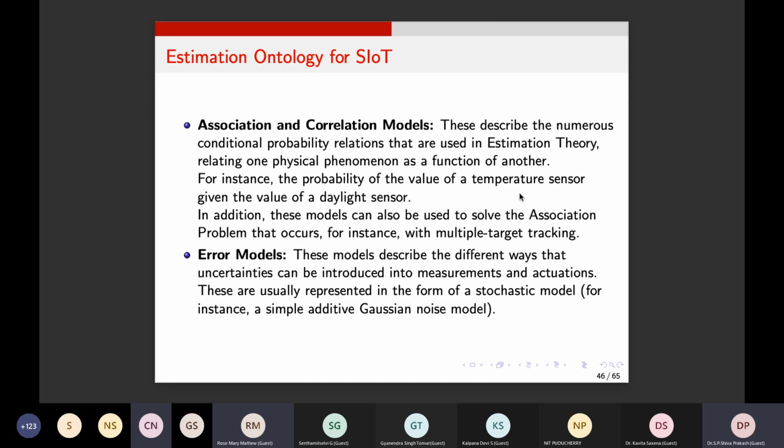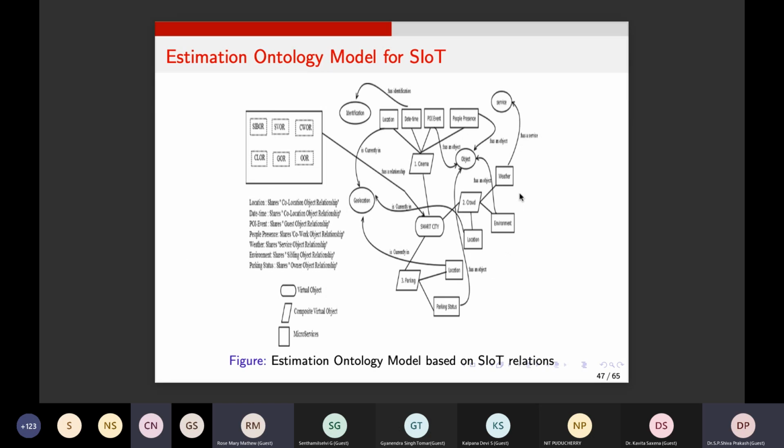So the estimation ontology basically helps us to understand the uncertainties of the data, right?